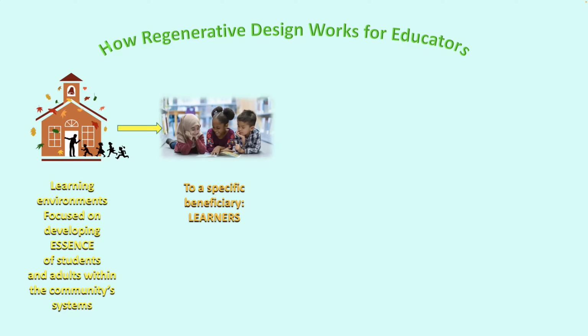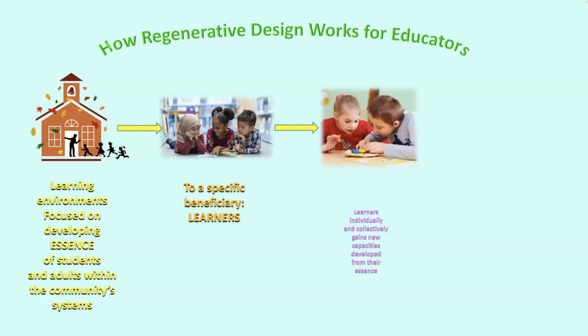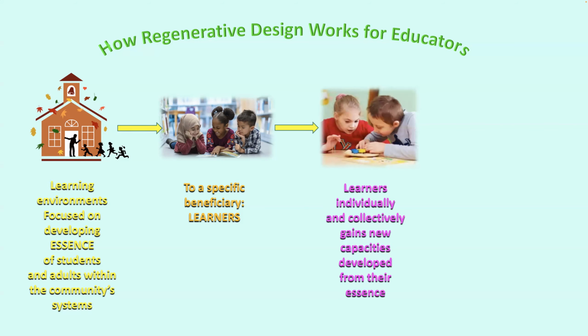Now, these could be intergenerational. They don't have to be children. They can be how the adults interact with kids in terms of learning within the community itself, which then, as you begin to think about this, is that the learners individually and collectively gain new capacities.